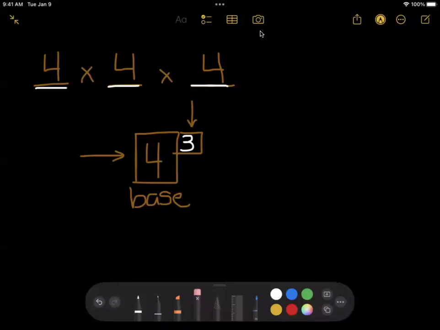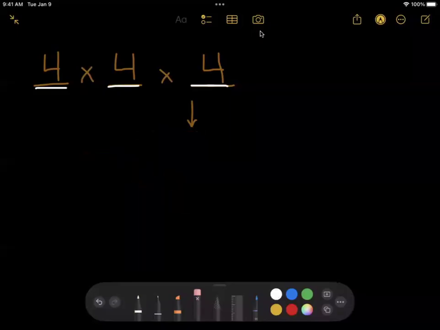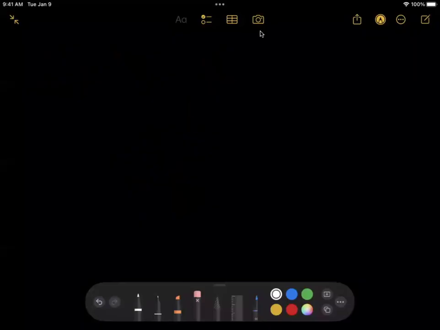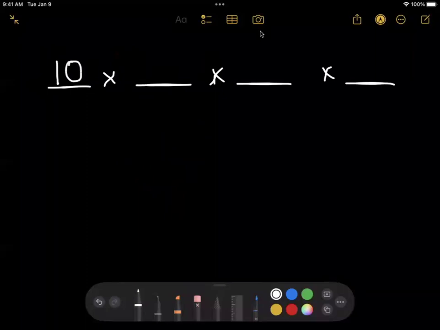So when we're talking about powers of 10, we're also talking about exponents, but the base is going to be 10. So let's say I'm going to multiply something this many times. For it to be a power of 10, that means the base needs to be 10. So this is 10 times 10 times 10 times 10.